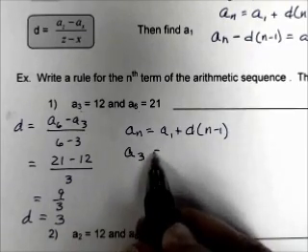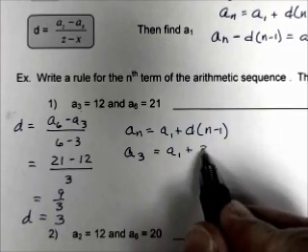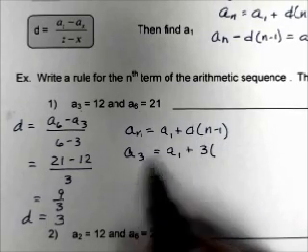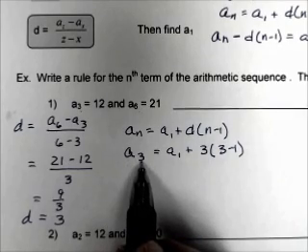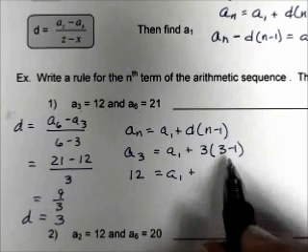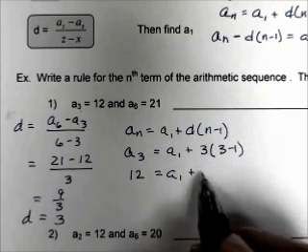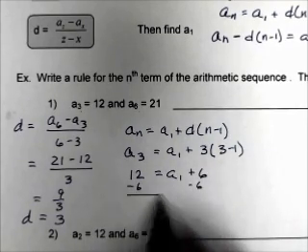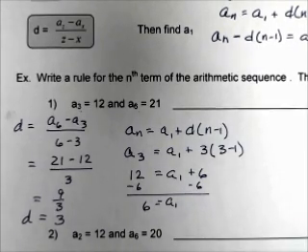So a_3 equals a_1 plus, we found our value of d was 3, and we're replacing n with 3. The third term's value is 12. So 12 equals a_1 plus, inside parentheses, 3 minus 1 is 2, times the 3 is 6. And now if I subtract 6 from both sides, we have a_1 is equal to 12 minus 6, which is 6.